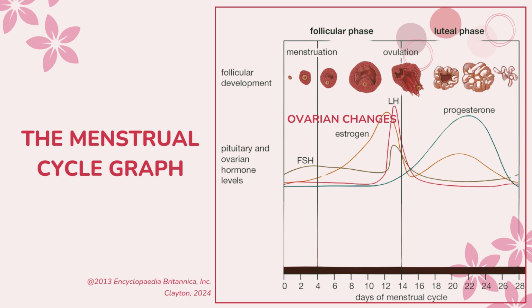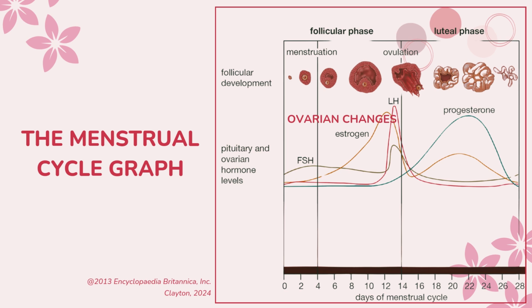And finally, let's shift our gaze to the top part of the graph, where the real backstage action is happening. The ovaries are busy going through their transformations during the follicular and luteal phases. This is where the magic of egg development, ovulation, and hormone production unfolds.